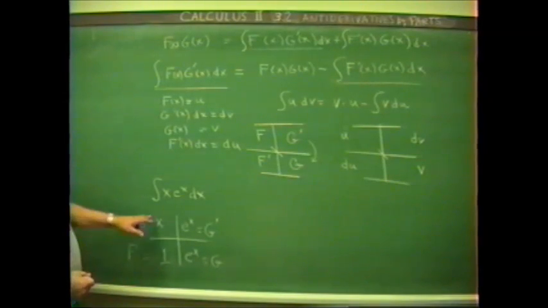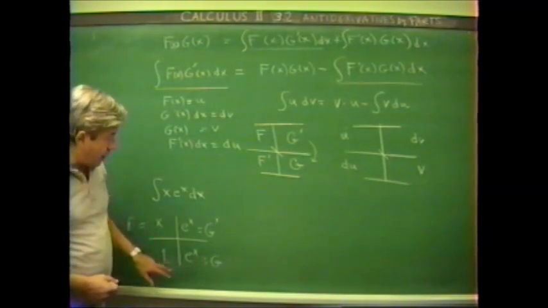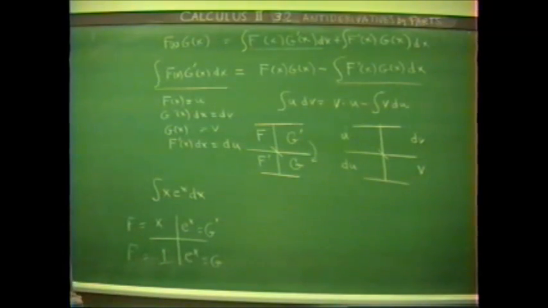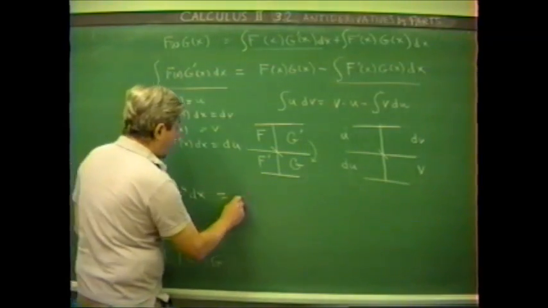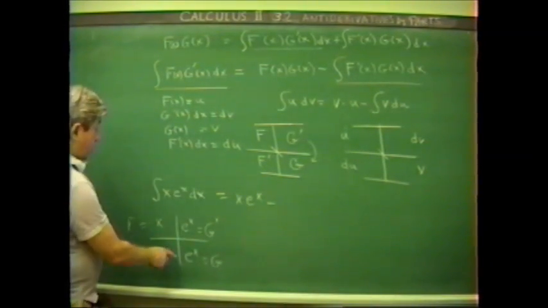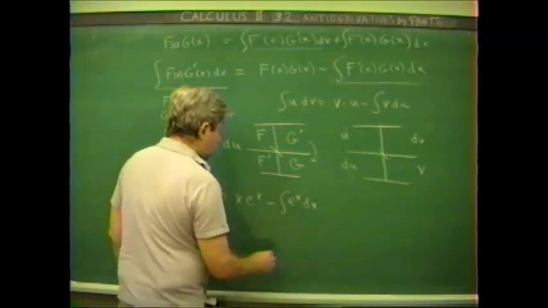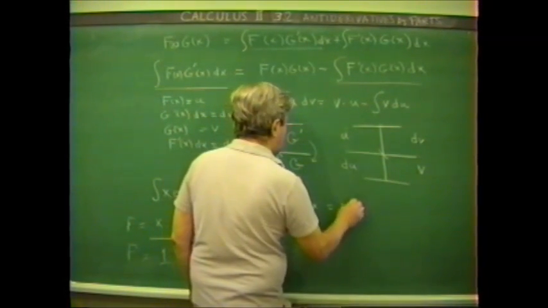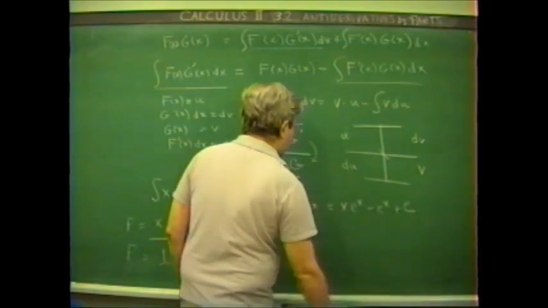And the nice thing about this is that I've been able to fill in the chart, but I can also look on the bottom line and notice that I can anti-differentiate that product 1 times e to the x. So this antiderivative is going to be equal to this diagonal, x e to the x, minus the antiderivative of e to the x. So this is going to be x e to the x minus e to the x plus any constant.